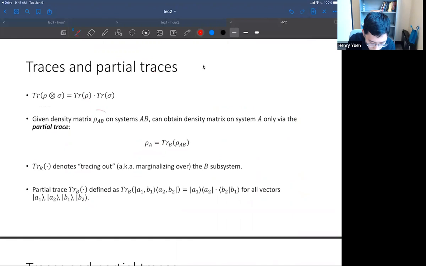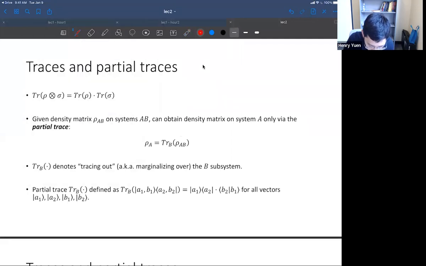Let's say you're given a density matrix on 2 systems, one called A, one called B. Maybe they're 2 qubits. They don't have to be qubits. But you only want to talk about the state of the system on part A. Then to do that, you take the partial trace.